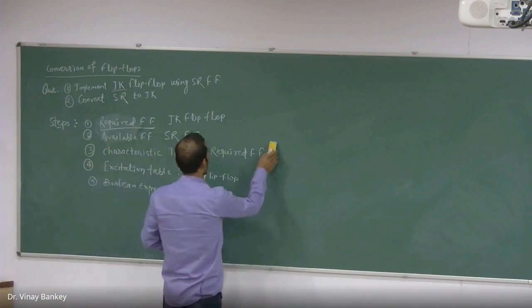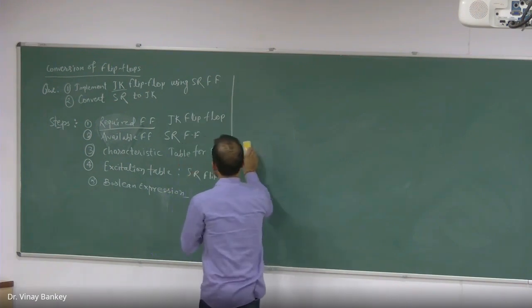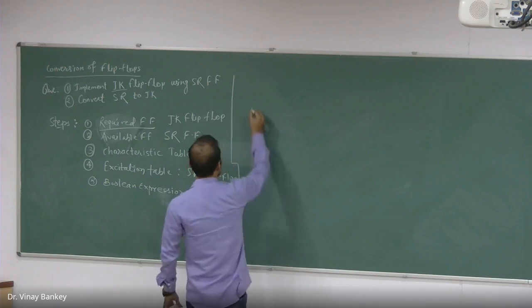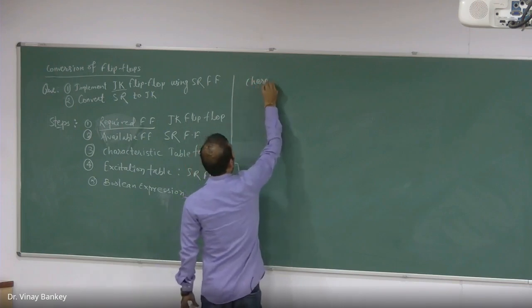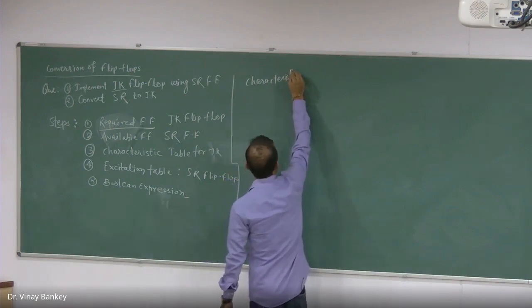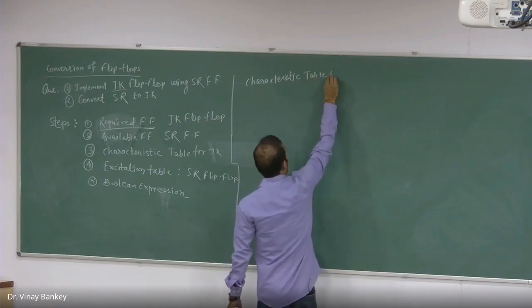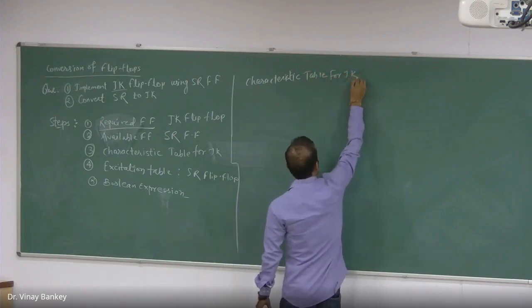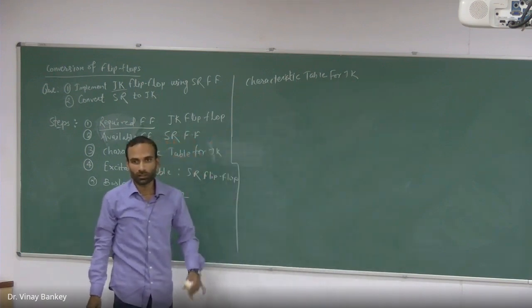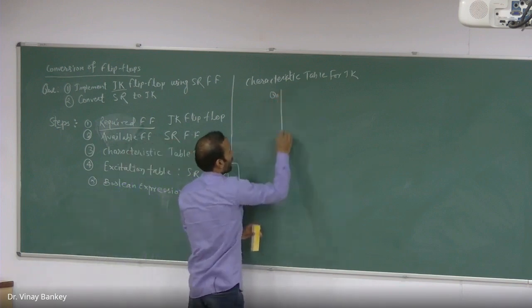So do you remember how to write the characteristic table? Right. For writing the characteristic table, what do you need? The previous state, correct, and the inputs.